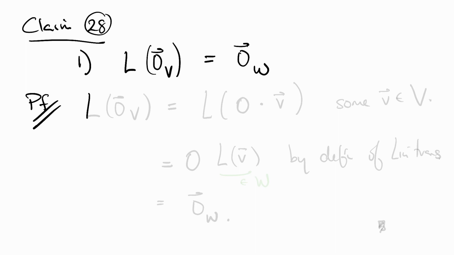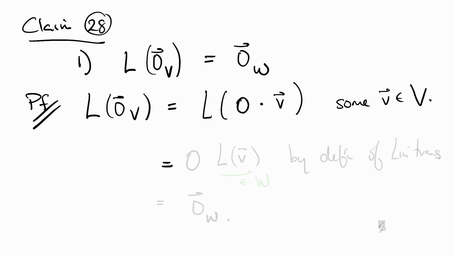Say we look at the left-hand side of this equality and try and figure out how to get to the right-hand side. Well, if you recall, the zero vector in any vector space is equal to 0, the scalar, times some vector in the vector space.